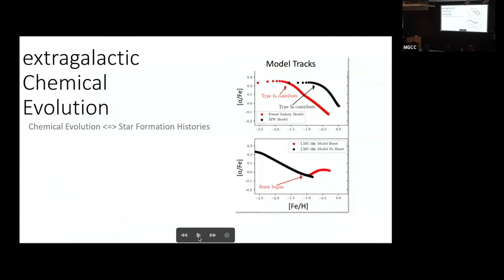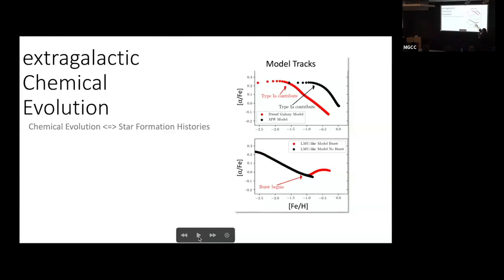And so the main thing to keep in mind, as David has already pointed out, is that in the alpha to iron diagrams like this, what you're seeing are the relative contributions between type Ia supernovae that are producing the iron and core collapse supernovae that are predominantly fueling the alpha. So if you just have type Ia supernovae and nothing else happens, you make a lot of alpha early, and then you decline over time as you make more iron.